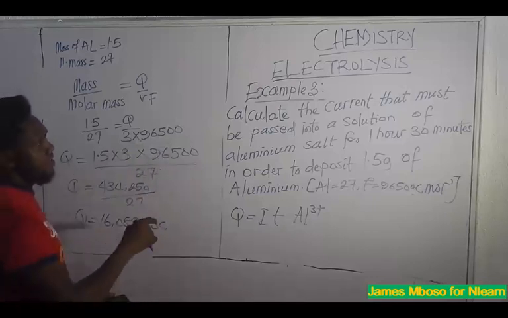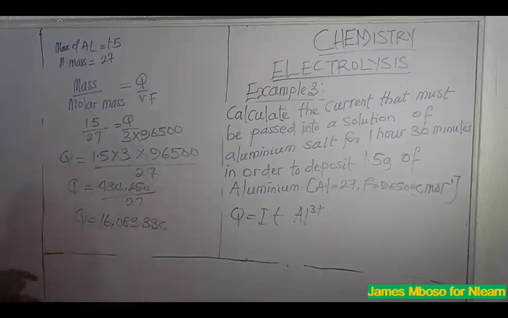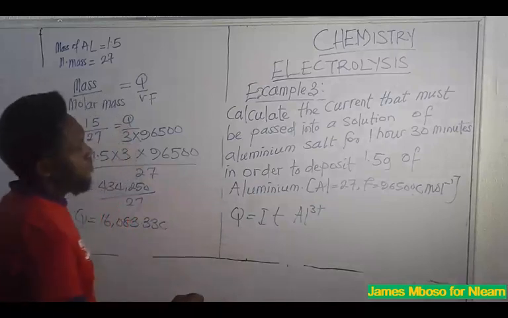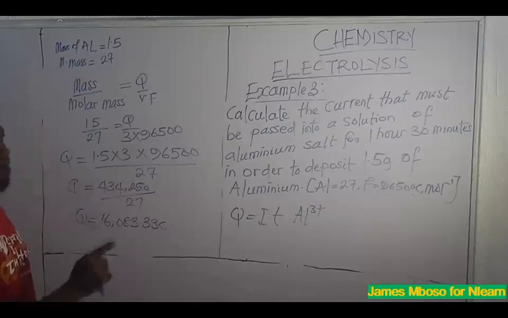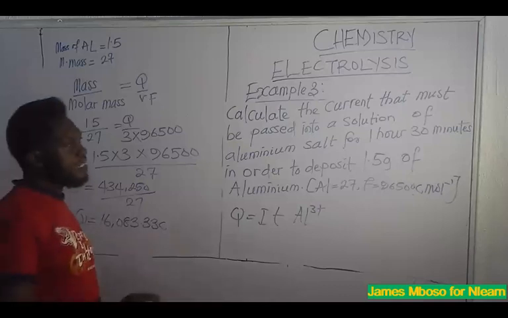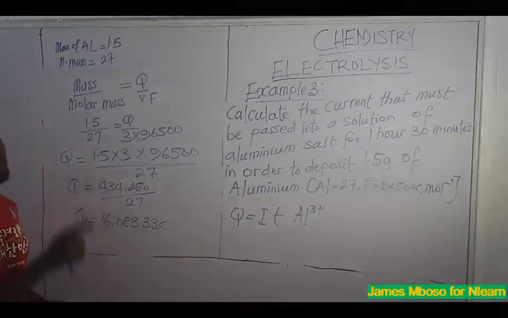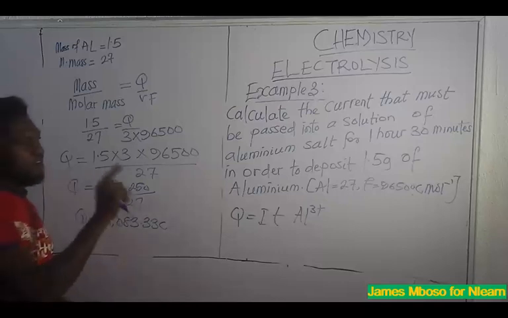But now, since we have gotten our Q, we can now substitute the value to get our I. Don't forget, we are looking for current, and we were told that we should calculate the current that must be passed into a solution of aluminium salt for 1 hour 30 minutes in order to deposit 1.5 gram of aluminium.